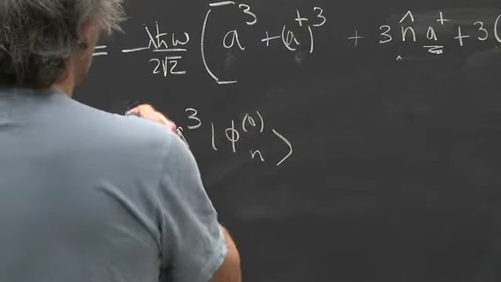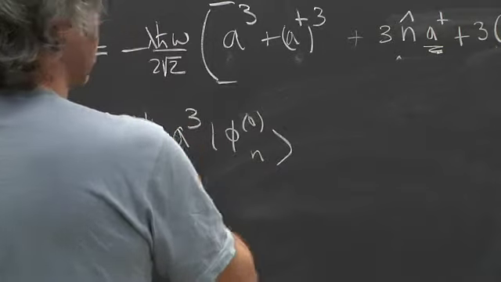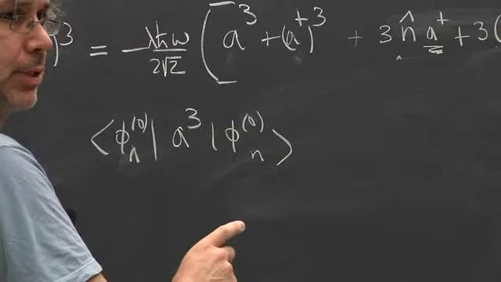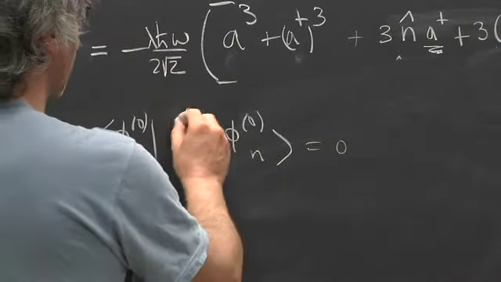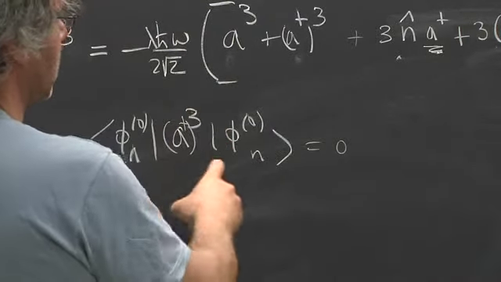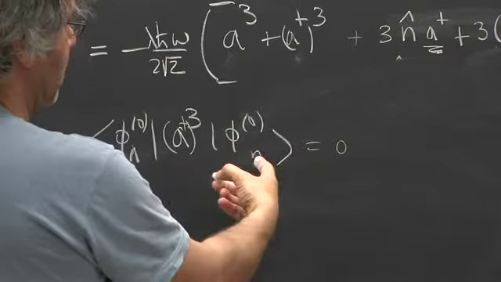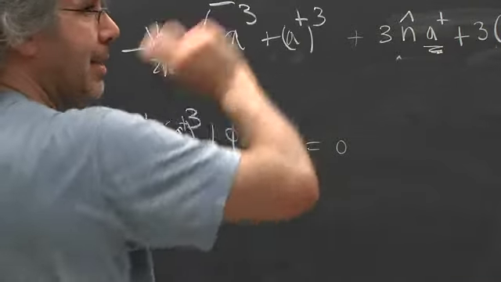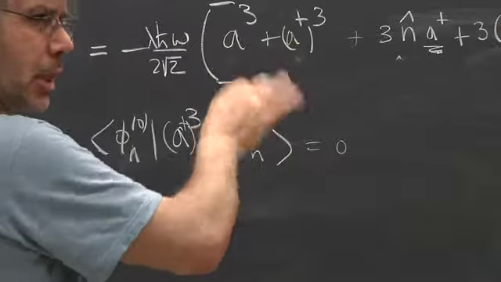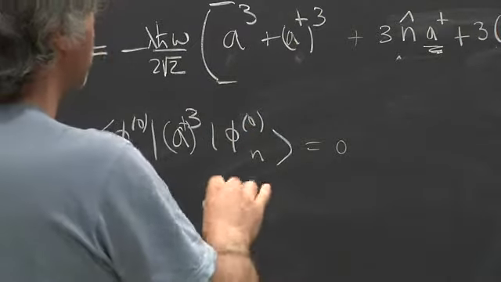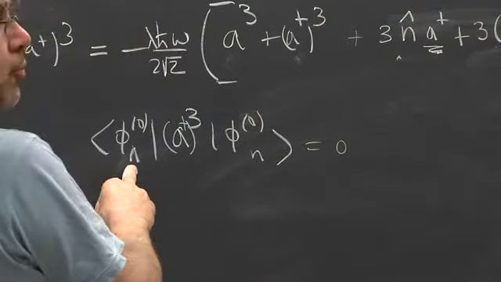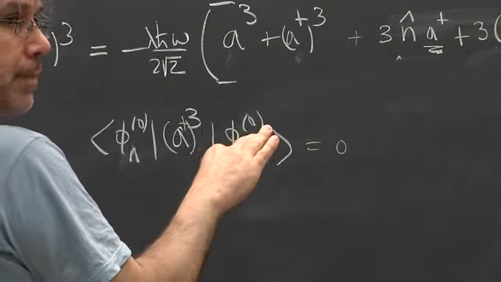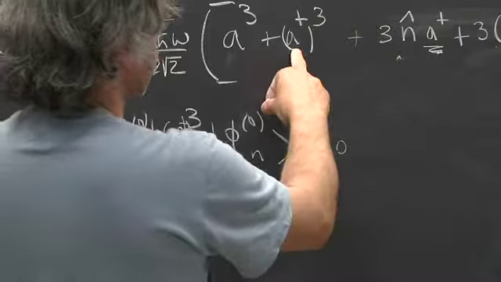So when I take the scalar product with n, I get 0. You agree with this? So this will give me 0. Same thing happens for A dagger cube. Because it creates 3 particles, it means I go to n plus 3 with a certain matrix element that we will take care of now, obviously. But the result is that you go to n plus 3. Then you take the scalar product with n, you get 0. They are orthogonal, all right? So even this is 0.